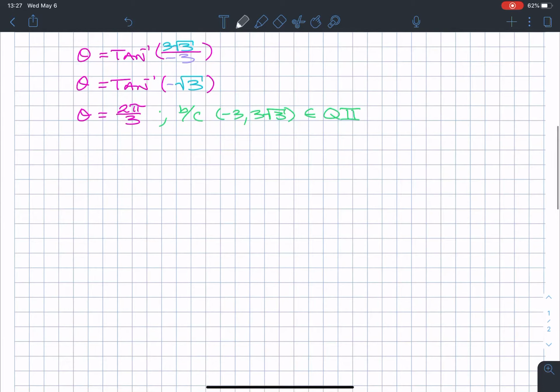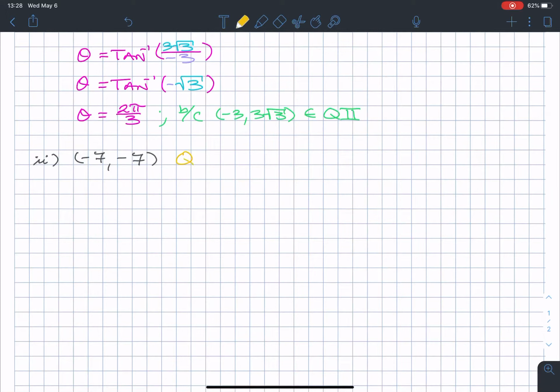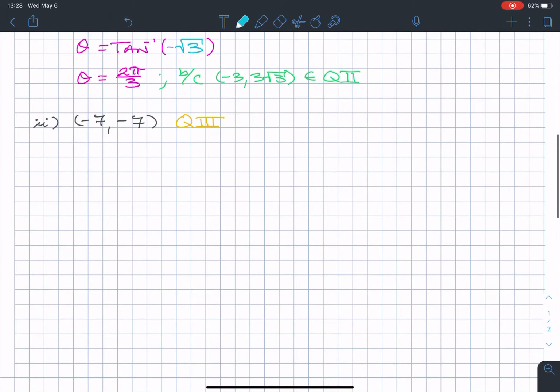Number 2. Let's say I give you in rectangular form (-7, -7), which we know is in quadrant 3. So when we look for the angle, we're going to have to push the reference angle into quadrant 3. We are given that x is -7 and y is -7. It looks like this is a 45-degree reference angle.